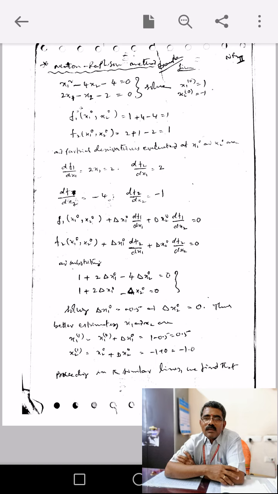Substitute, and you get delta x1^0 and delta x2^0 from this. The unknowns are delta x1^0 and delta x2^0, the corrections. So better estimates now, that is x1^1 is x1^0 plus delta x1^0, is it not? The previous value plus the correction value. Likewise, the second, x2^1, which is x2^0 plus delta x2^0. So these are the new values, x1^1, x2^1.